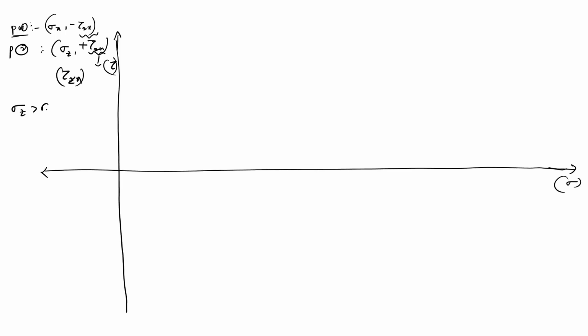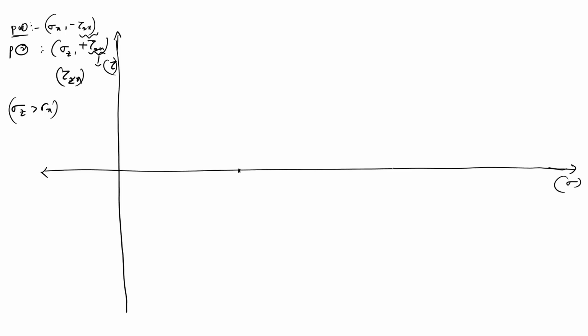Point 1 is sigma x, minus tau zx, and point 2 is sigma z, plus tau zx, with the same magnitude of tau zx. This axis is tau, this is sigma, and sigma z is greater than sigma x, so sigma z is on this side.